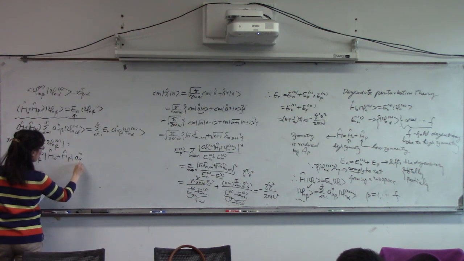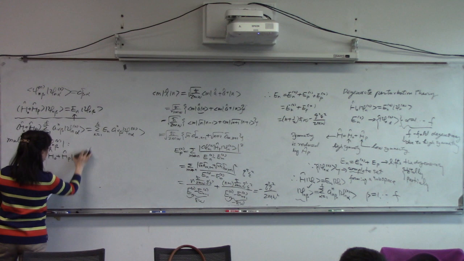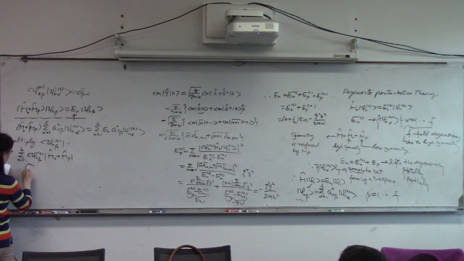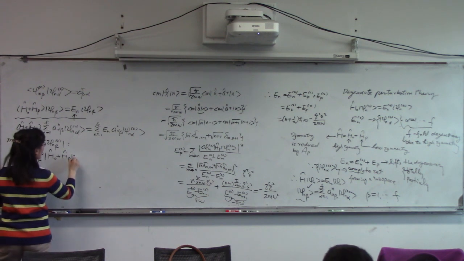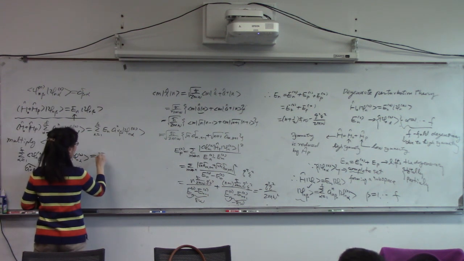Keep this constant here, and here is the zero-order term. Equal to the summation from 1 to F.